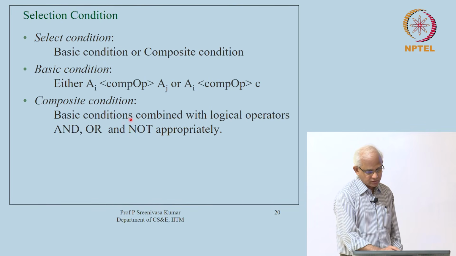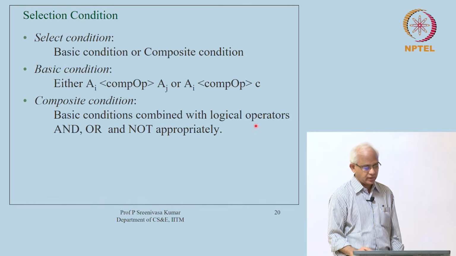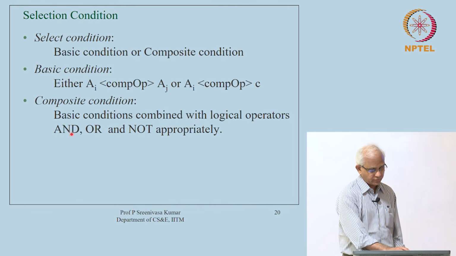So, basic conditions combined with logical operators; these are familiar to us, as we have been using them in earlier courses also. So and, or, and not are to be used, and all of them of course are Boolean valued. So this is a comparison operator.